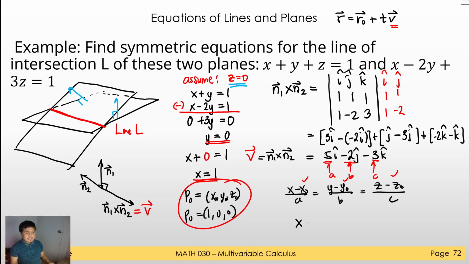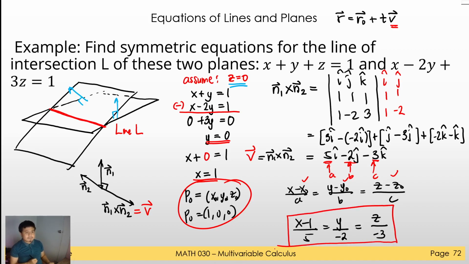So we have x minus 1 over 5 is equal to y minus 0, so y over negative 2, and then z minus 0, so z over negative 3. So this will be your symmetric equations. Okay, so that will be all for this problem.